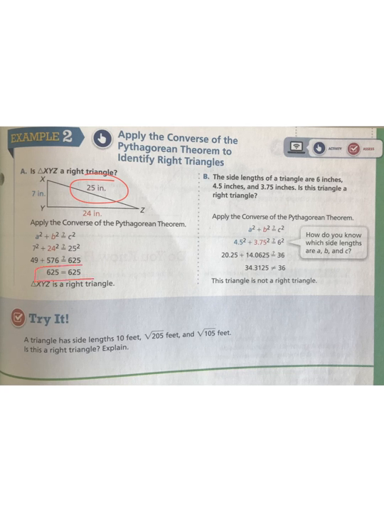You can see at the bottom, 625 equals 625. That means this would make a right triangle. If we look at example 2, part B, we have the side lengths of another triangle. We want to make sure that we know the c is going to be the 6 because it's your longest. This one does not equal, the left does not equal the right, so it's not a right triangle.